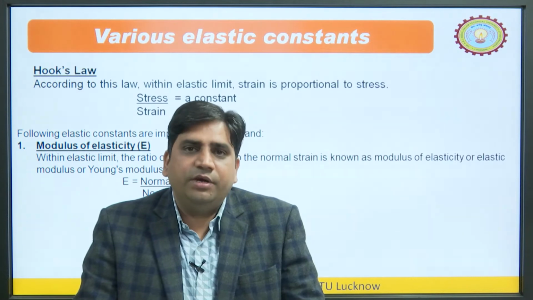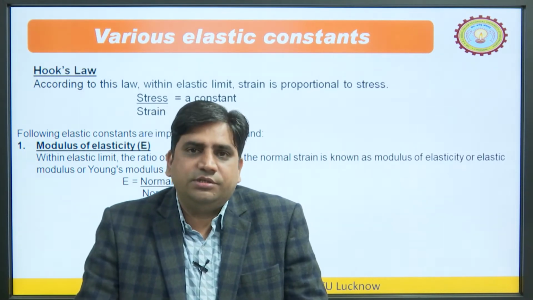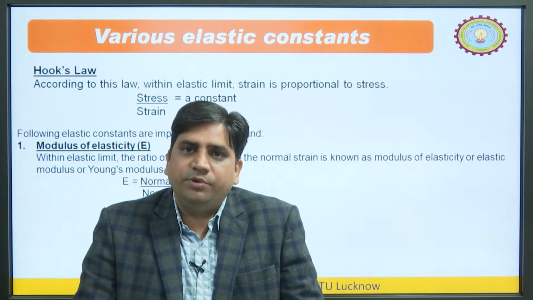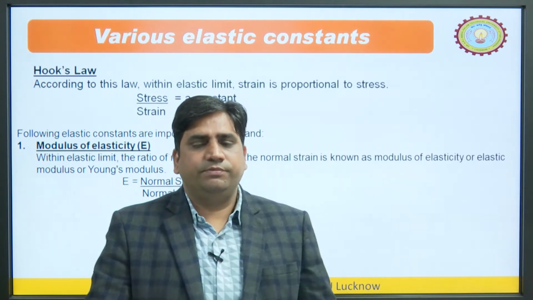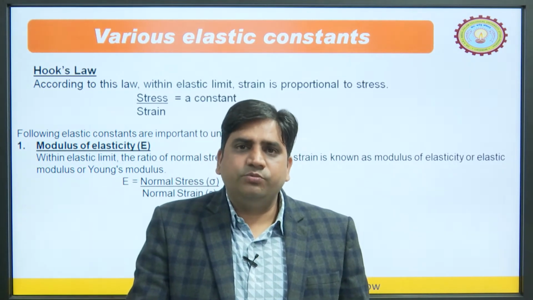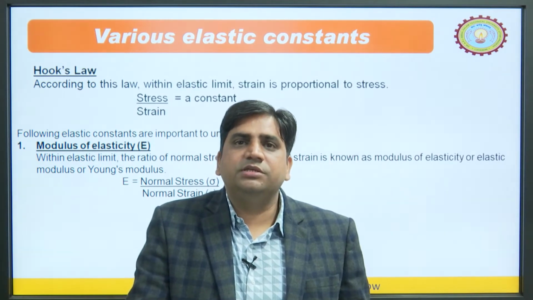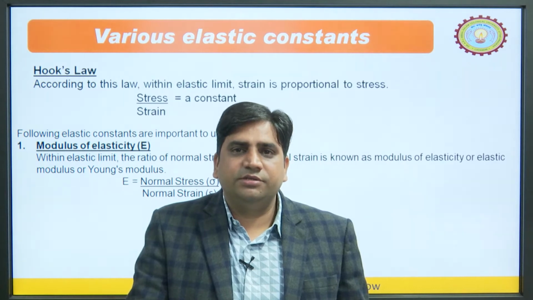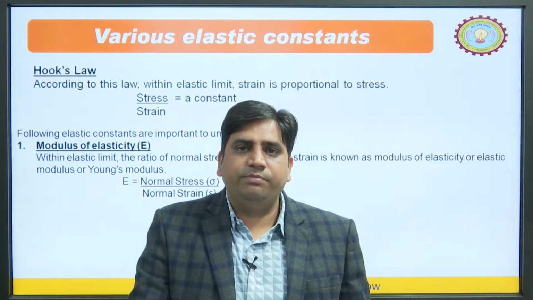Let us say we compare stainless steel with mild steel. There may be two types of material, and they may have different applications. But if you want to compare these two materials, we should have some characteristics. Basically, these elastic constants are the characteristics of the material which do not depend on the shape and size of the materials.